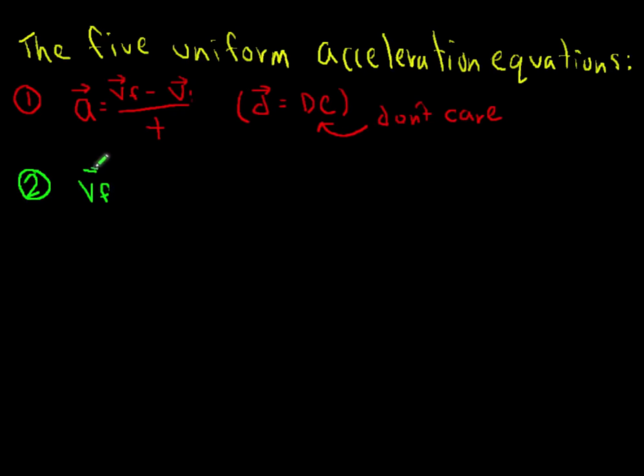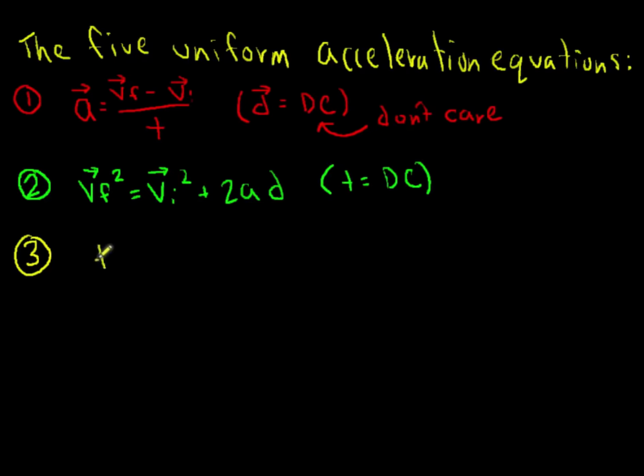The second formula is Vf squared equals Vi squared plus 2ad, where time equals don't care. The third equation is d equals Vi t plus 1/2 a t squared.